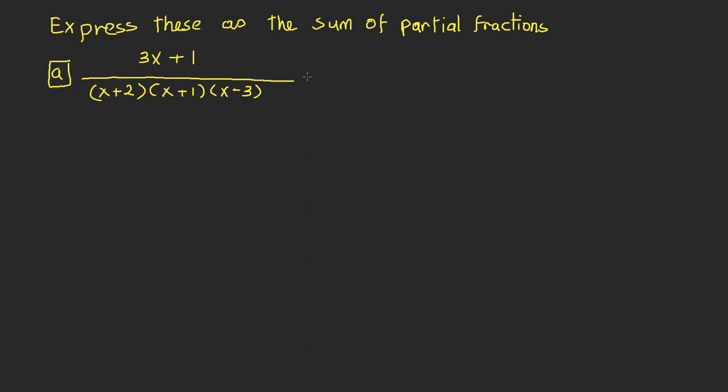Okay, now in this question they ask for the sum of partial fractions. So the rule here, we notice that we take the first factor, which is x plus 2, then the second factor x plus 1, and the third is x minus 3.